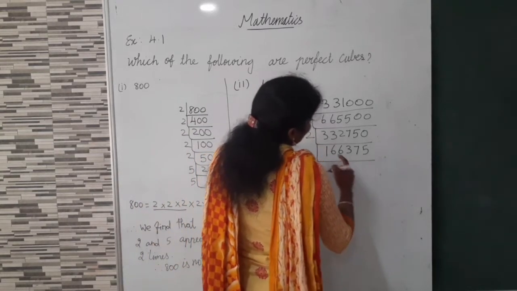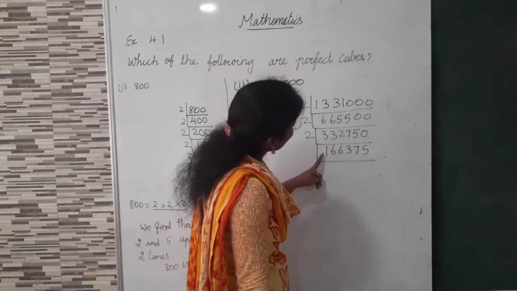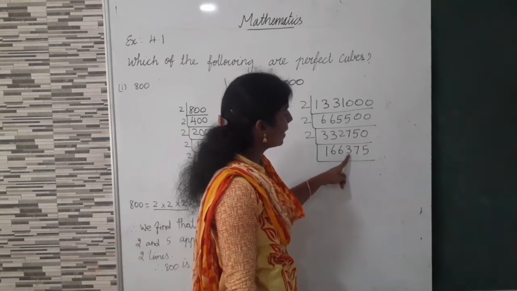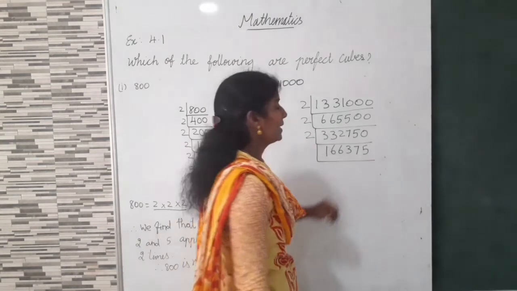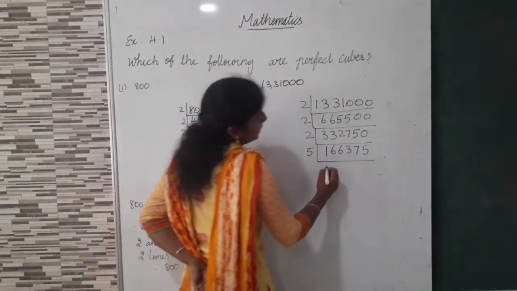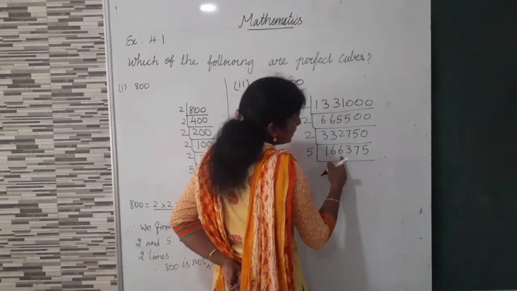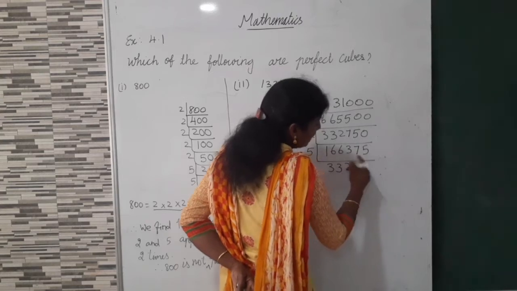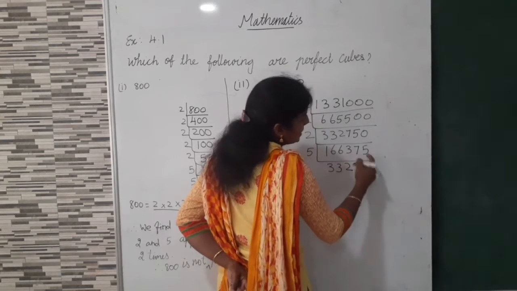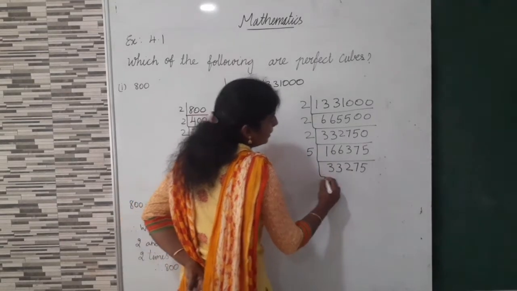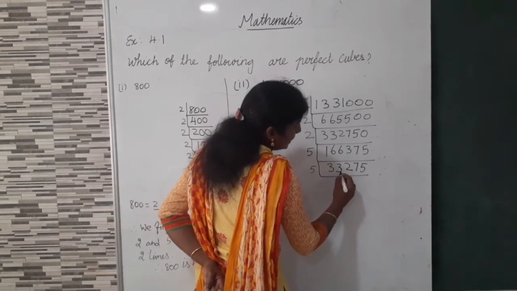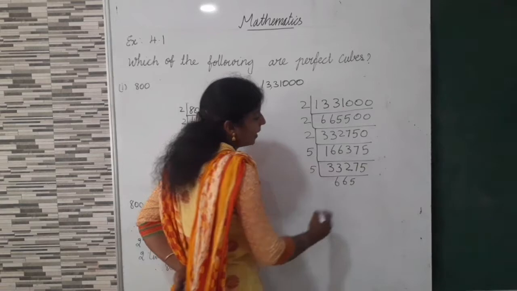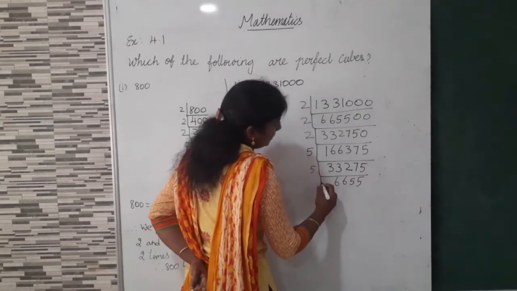Then next. Here this is in the 3 table. 5 3s are 15, one balance. 4 3s are 12. 25 is not in the 3 table, so we can take the 5 table. 3 5s are 15, one balance. 2 5s are 10, 3 balance. 7 5s are 35. 5 5s are 25. 6 5s are 30. 5 5s are 25.